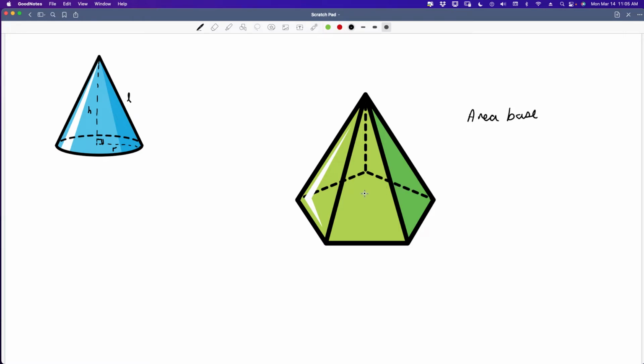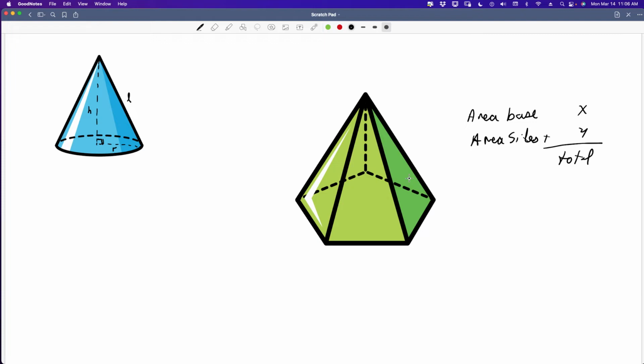And then we have to calculate each side or each face of the pyramid, and in this case, it's going to be triangles. So we'll have side 1, side 2, side 3, side 4, side 5. So the area of the sides, right? And then we'll add those two together. If this is X and this is Y, we add those together and we get our total surface area.